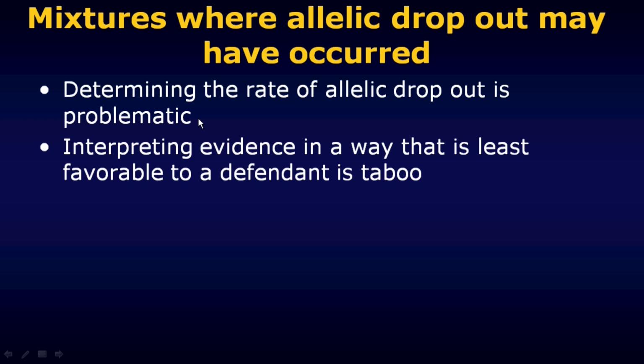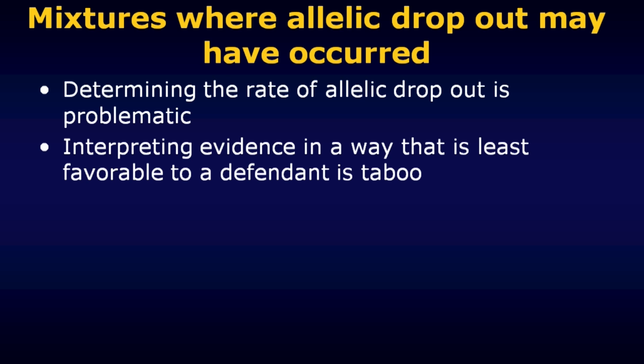It's not giving the benefit of the doubt to the defendant. And that, again, is something that our criminal justice system is very strongly against. This idea that we want to give the defendant the benefit of the doubt as opposed to interpreting the evidence in ways that are most incriminating to him, that is something that our criminal justice system frowns upon.